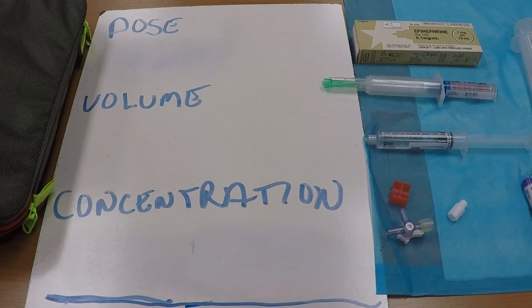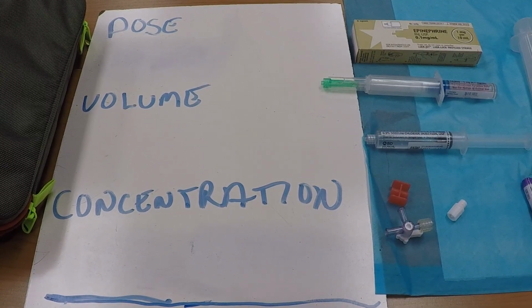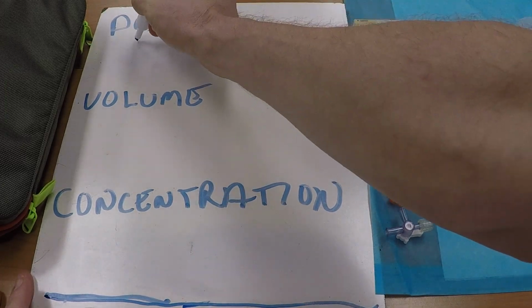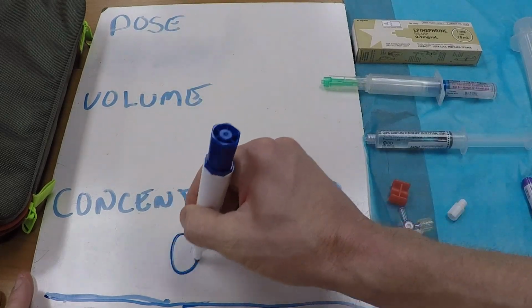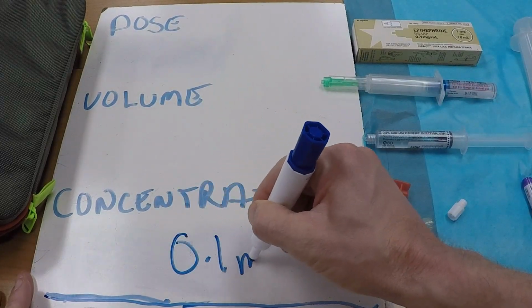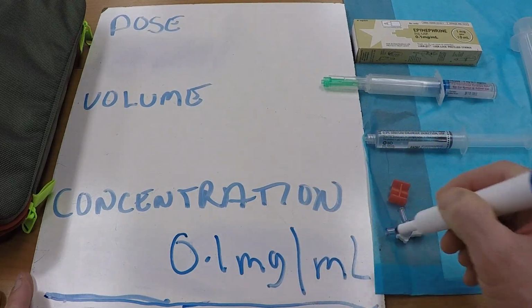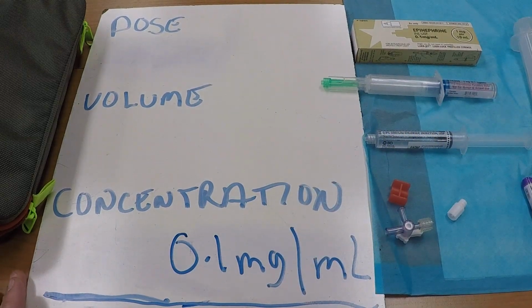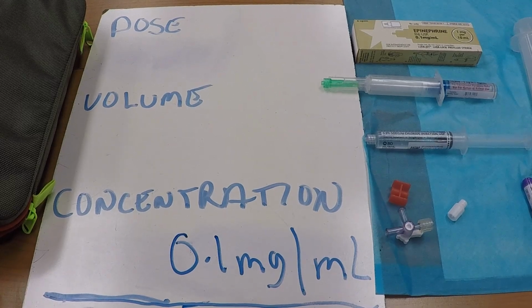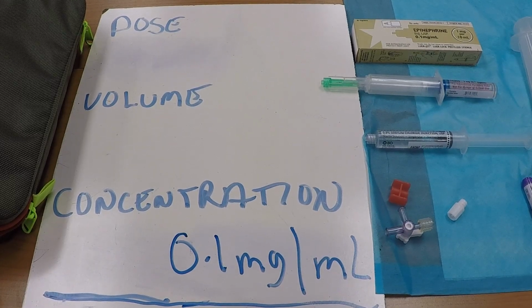So when we said we put 1 milligram in 100 milliliters of saline, our concentration is 0.01 milligrams per milliliter. And we got that from the 1 milligram, 100 milliliter bag. Well, how can we get that same concentration?